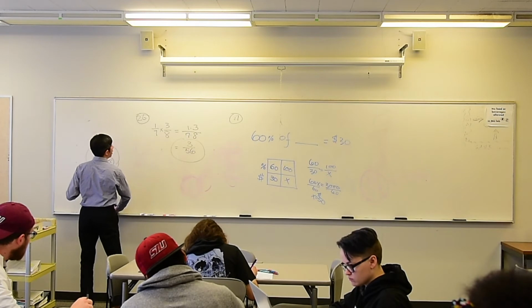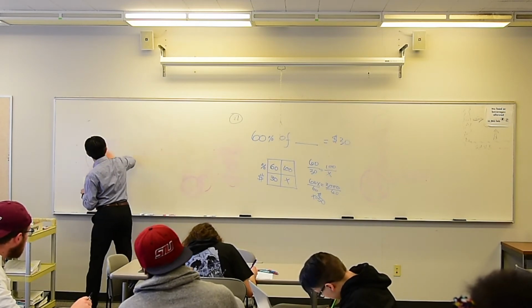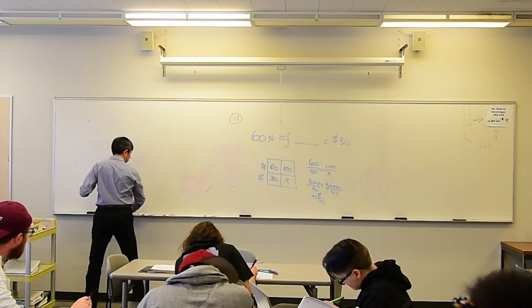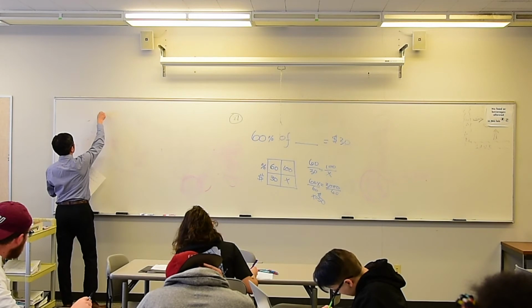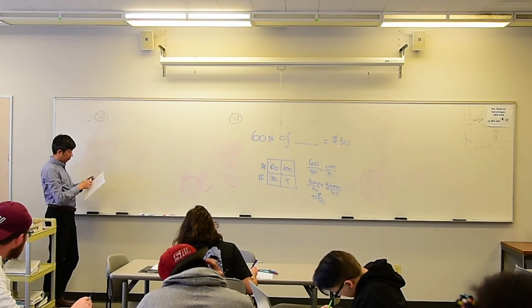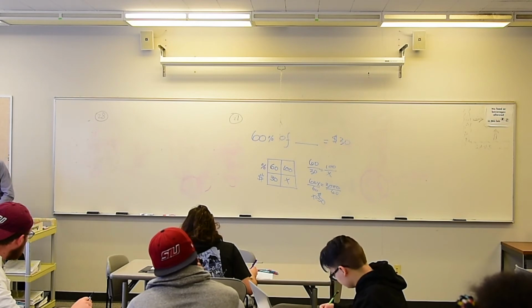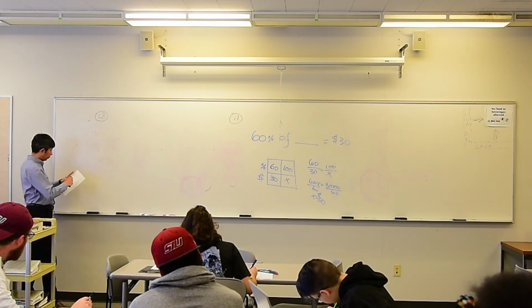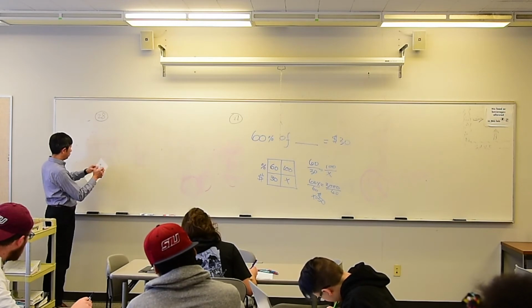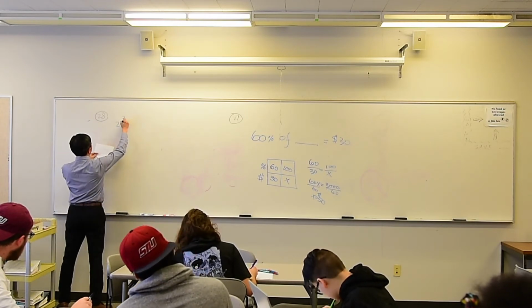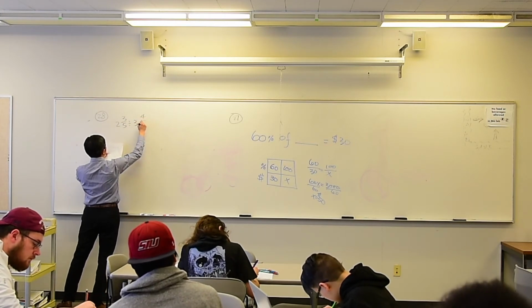Number 28. Two and three fifths divided by three and four sevenths.